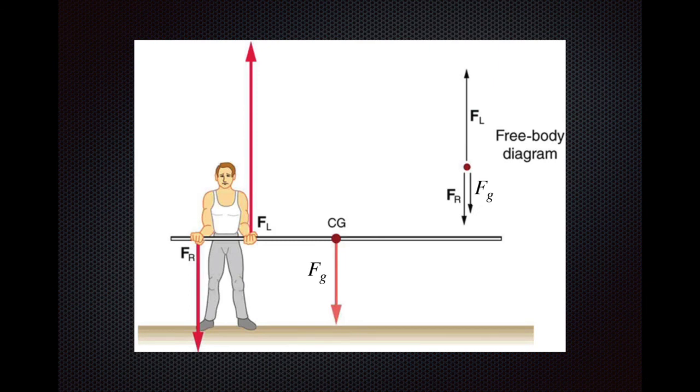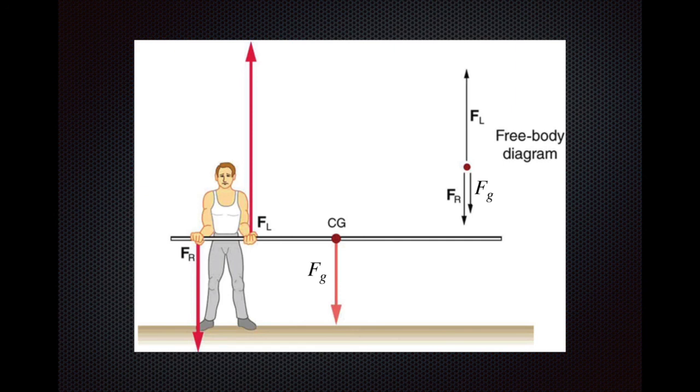And then finally, if you're far out from the center of gravity, in this case, if you let go with the right hand, you'd probably see the pole rotate around where the left hand is, rather than around the center of mass. So now the force of gravity is causing a torque.